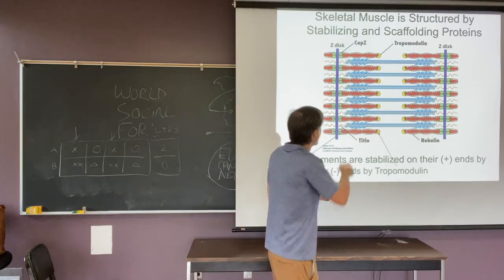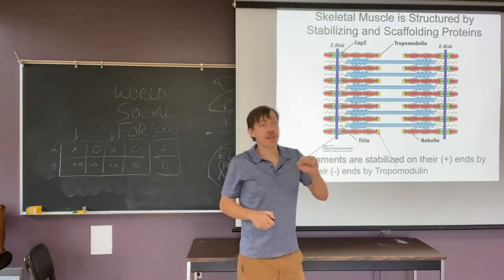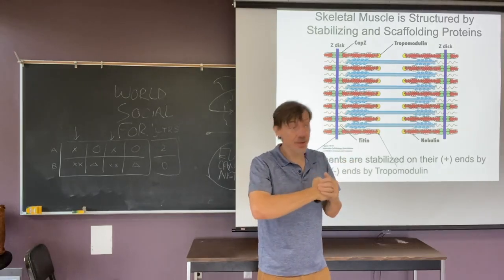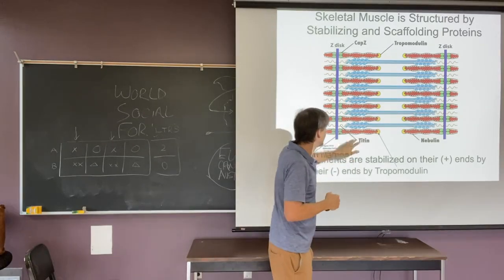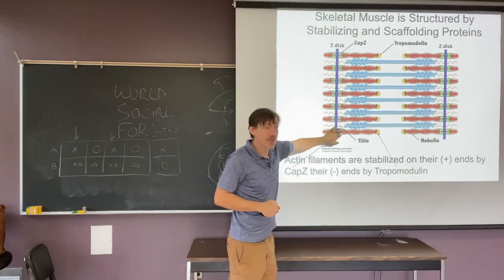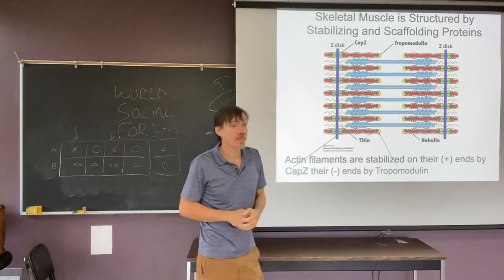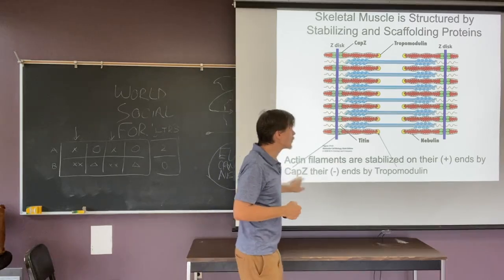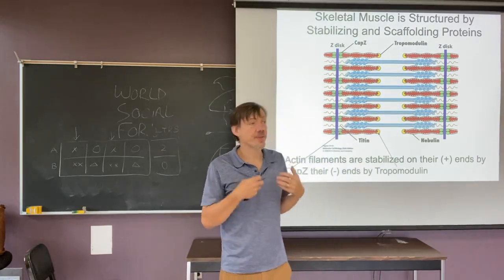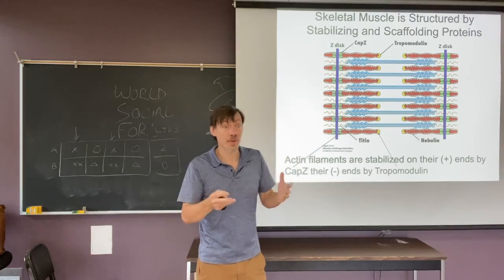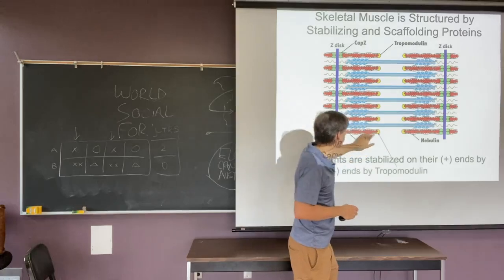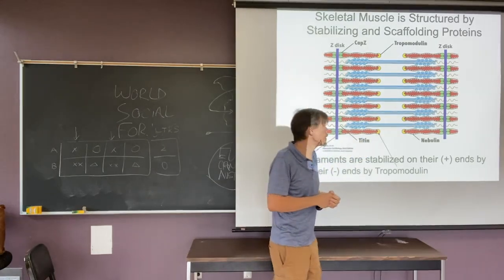In particular, CAPZ is a protein that binds onto the plus ends of actin filaments and blocks polymerization. It turns out that in muscles, CAPZ is used to attach the plus ends of actin filaments to the Z-disc. And then in addition, there's tropomodulin, which binds to the minus ends of the actin filaments and prevents their disassembly.